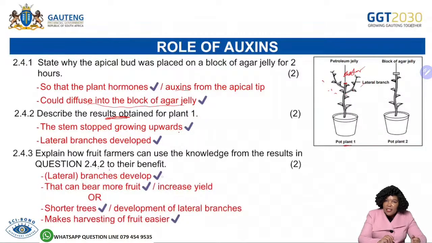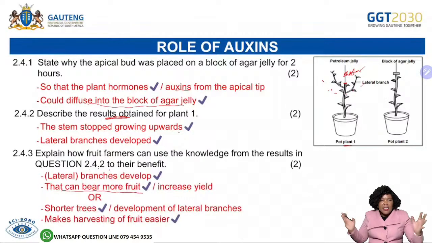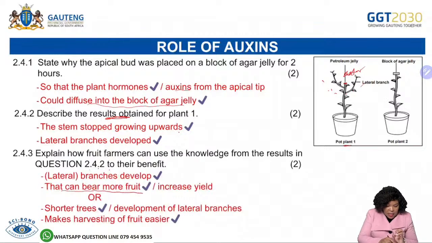The lateral branches are going to develop, and that can bear more fruits. Remember, if we have more lateral branches, each branch as it branches out, it creates more surface area for fruits to grow. So it means this can leave farmers with more fruits that can also increase what? The yield when they go and collect.